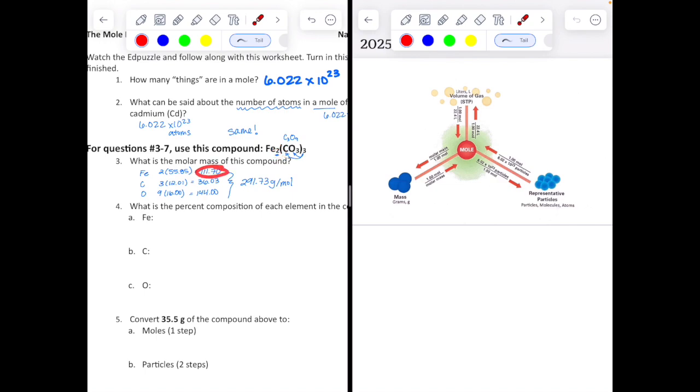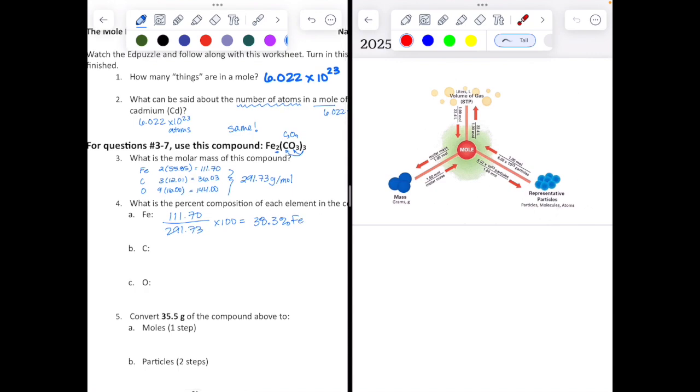So it's going to be this divided by the total that we did in number 3. So we're going to do 111.70 over 291.73, and we're going to multiply that by 100 to make it a percent. 38.3% iron. That's how much iron by mass is in the compound.